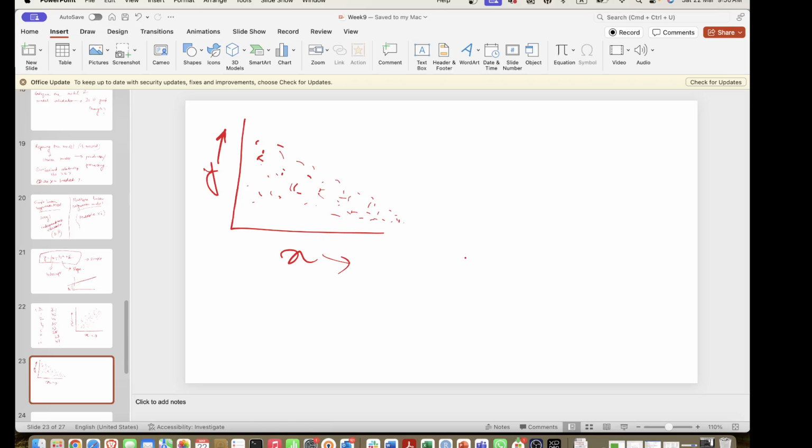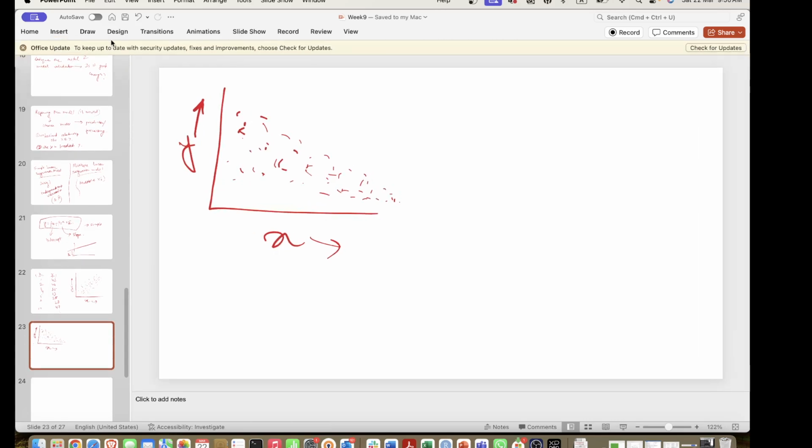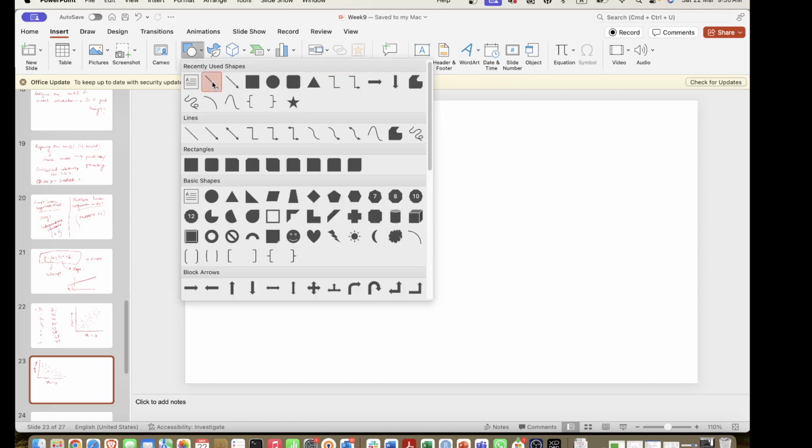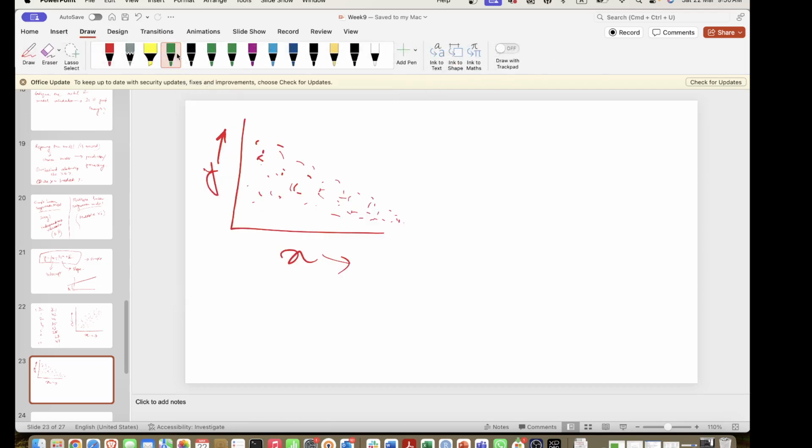Now here, let's say we fit a line y equal to mx plus c, or y equal to beta naught plus beta 1 x, something like this. Let this be the fitted line.